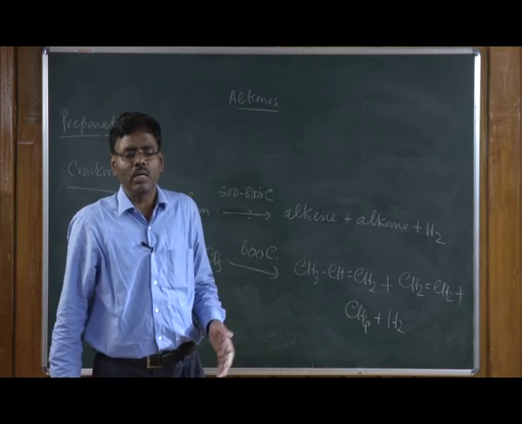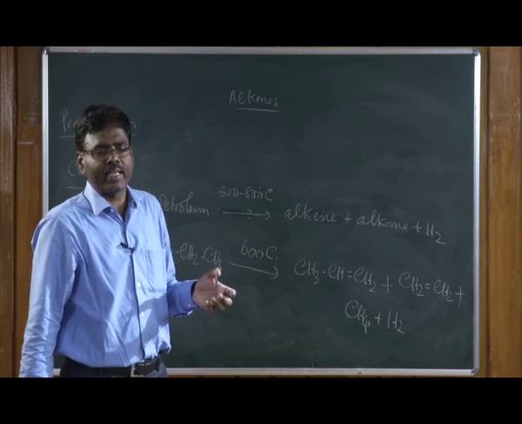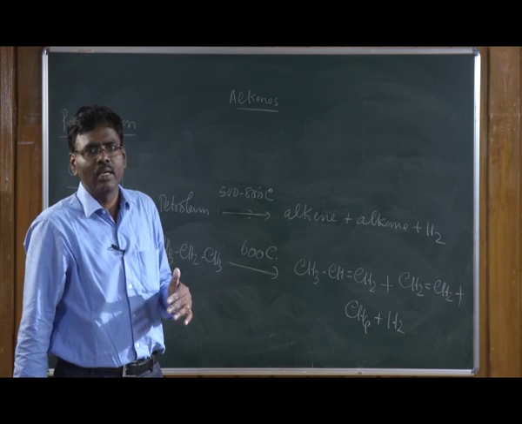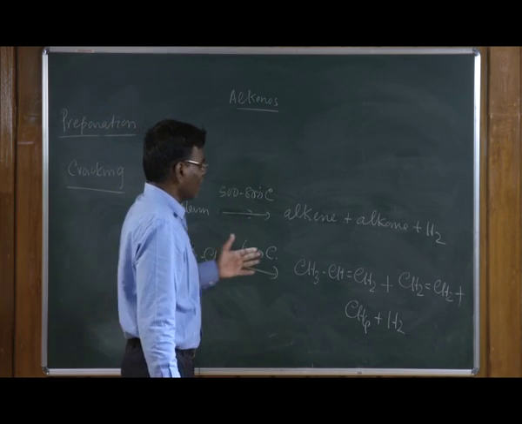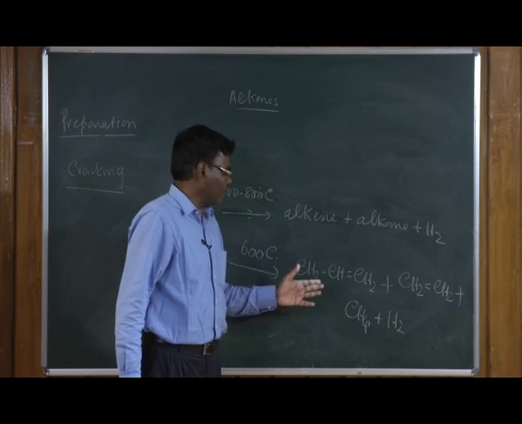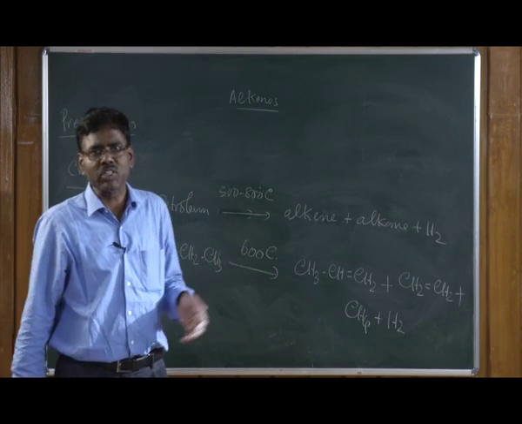So, this is used in the petroleum industries when you carry out the cracking of alkanes, and large amounts of alkenes are produced. Depending upon whether you have larger alkanes, you will end up with a mixture of alkenes.